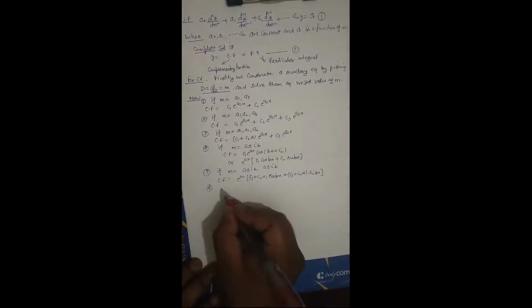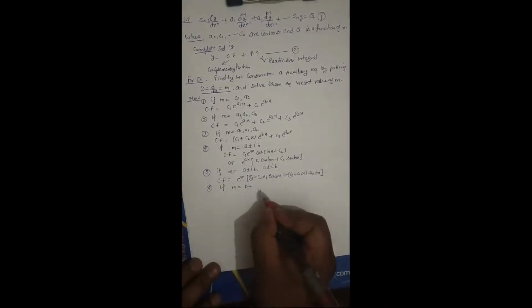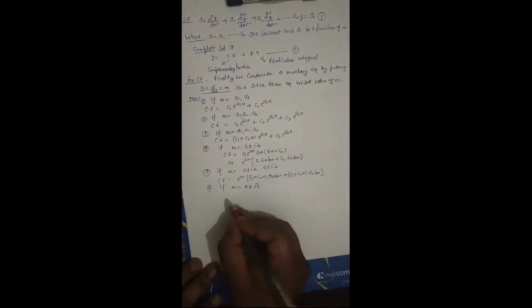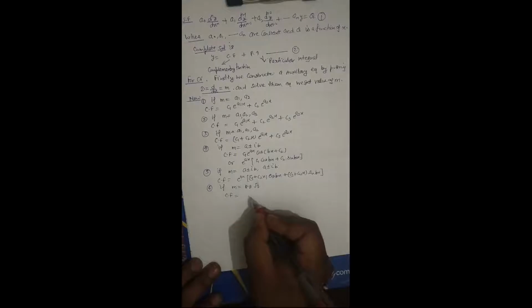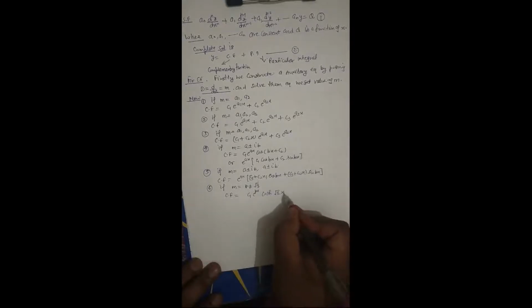Number 6: if m equals p plus minus root q, then CF can be written as c1 e^(px) cosh(root q x) plus c2.